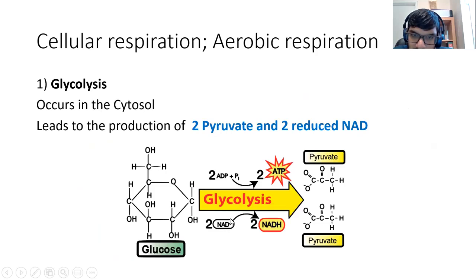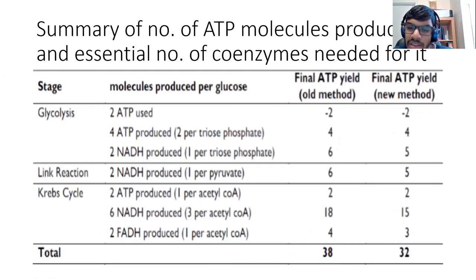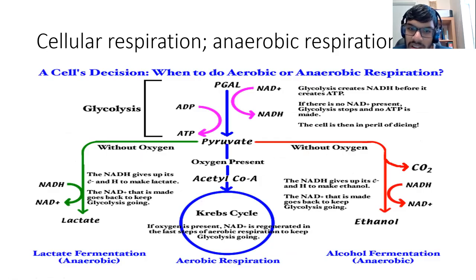NAD plus is needed for glycolysis, and it still produces ATP. So even with anaerobic respiration, we still get some ATP produced. So that's why anaerobic respiration is known to release energy in short bursts, but not the same amount as aerobic respiration.